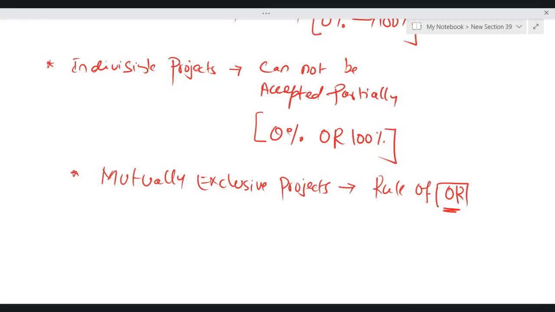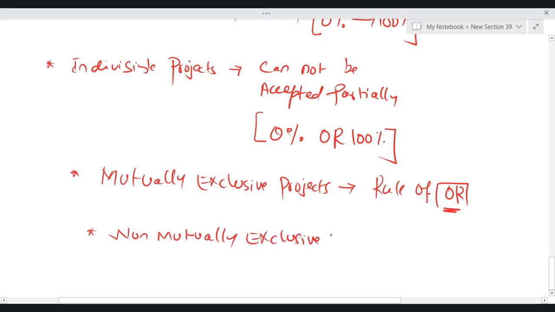Mutually exclusive projects means rule of OR. If I say non-mutually exclusive, then you have rule of AND.